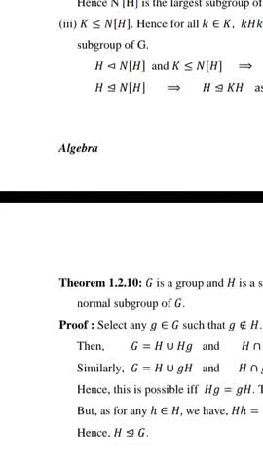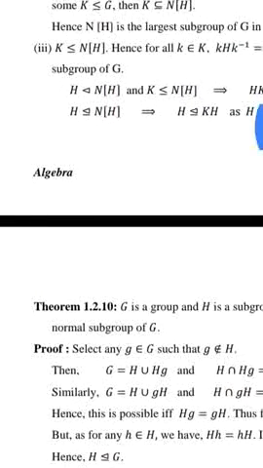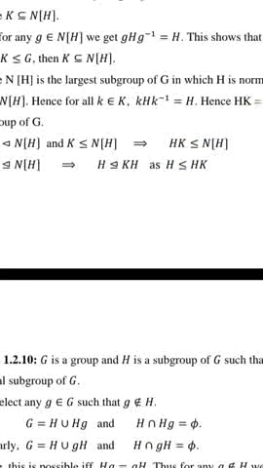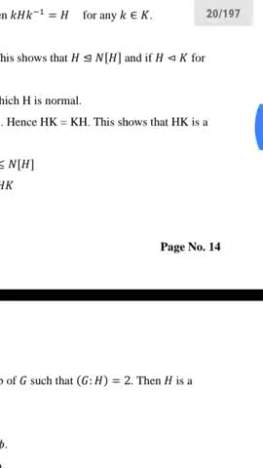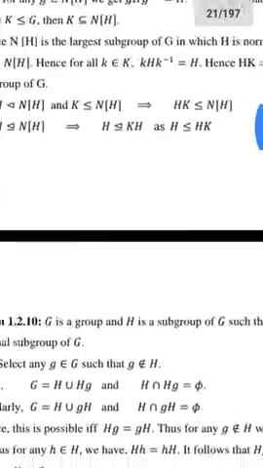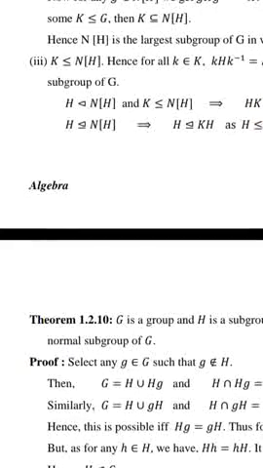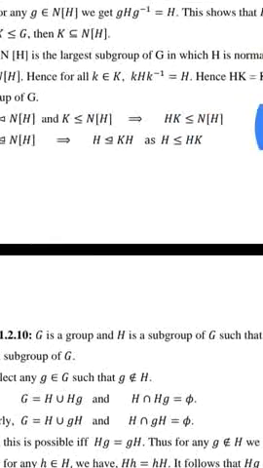So next, K is a subgroup of N(H). Hence, for any k belongs to K, k H k inverse is equal to H, and hence HK is equal to KH. This shows that HK is a subgroup of G. H is normal in N(H), and K is a subgroup of N(H).